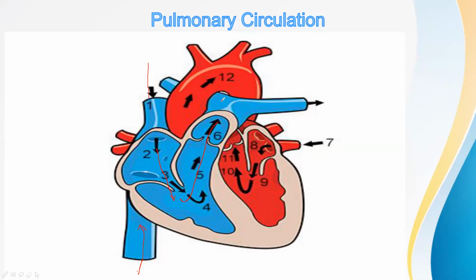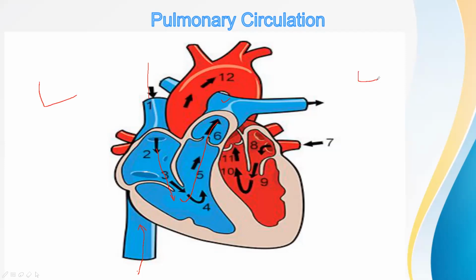So this we call as pulmonary artery, and the pulmonary artery has two branches, so this leads to one part of the lungs, and this also connects with the other part of the lungs. Let's say this is one lung here, and this is the another lung here.